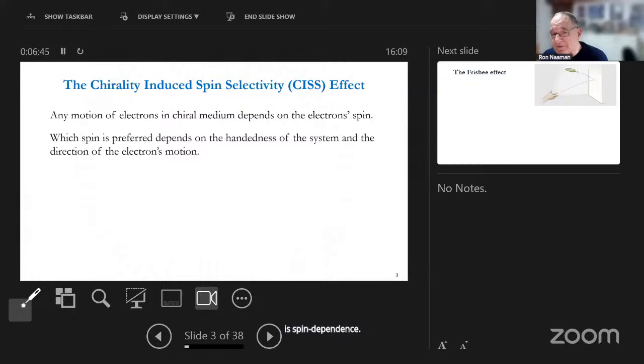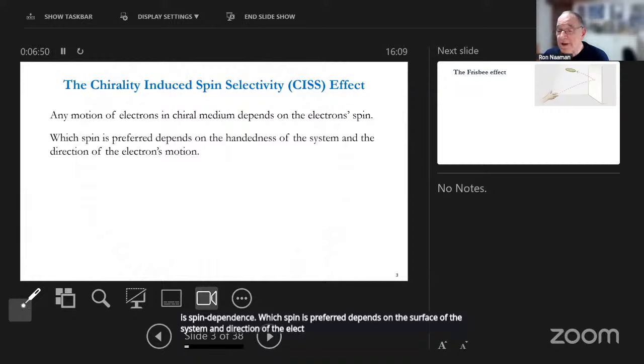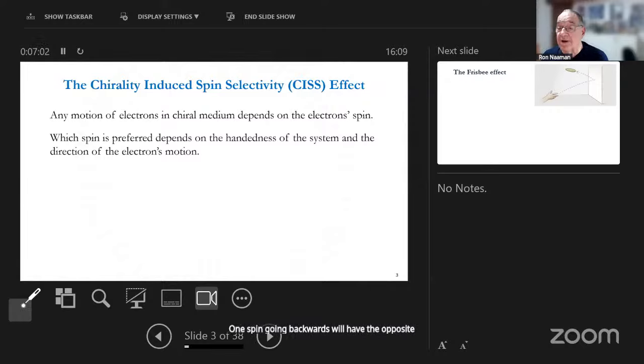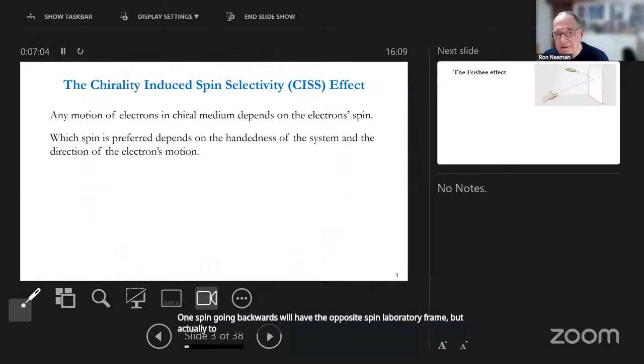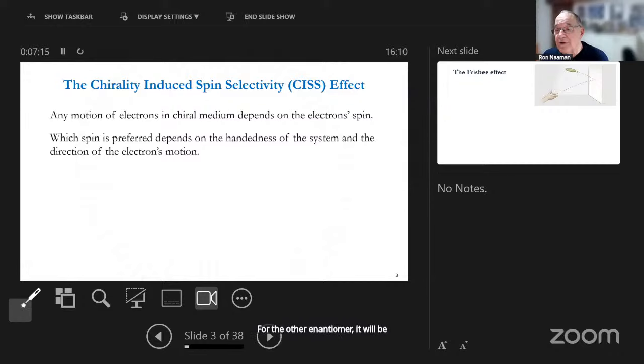Which spin is preferred depends on the handedness of the system and the direction of the electron motion, namely an electron moving in a system from left to right will have one spin, going backwards will have the opposite spin in the laboratory frame. To make it clearer, for one enantiomer, the spin will always be aligned parallel to the velocity. For the other enantiomer, it will always be aligned anti-parallel to the electron velocity.